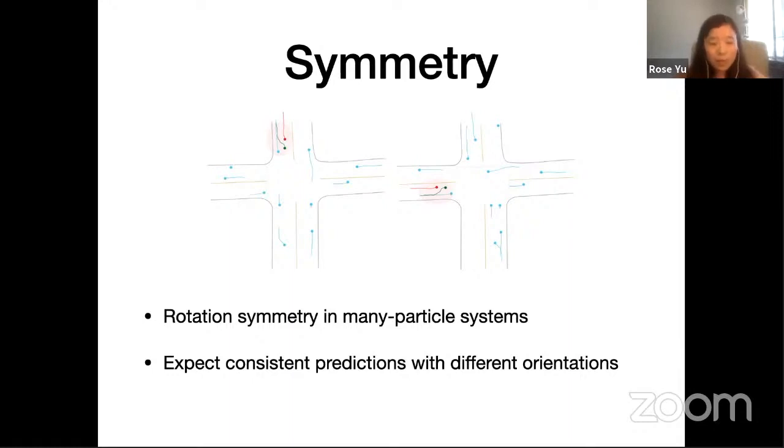I also want to mention that in many of the existing trajectory prediction works, what people normally do is just normalize the data frame by frame and rotate everything to the same orientation. This works for single agent prediction, where you can define the reference frame and rotate the scene accordingly.